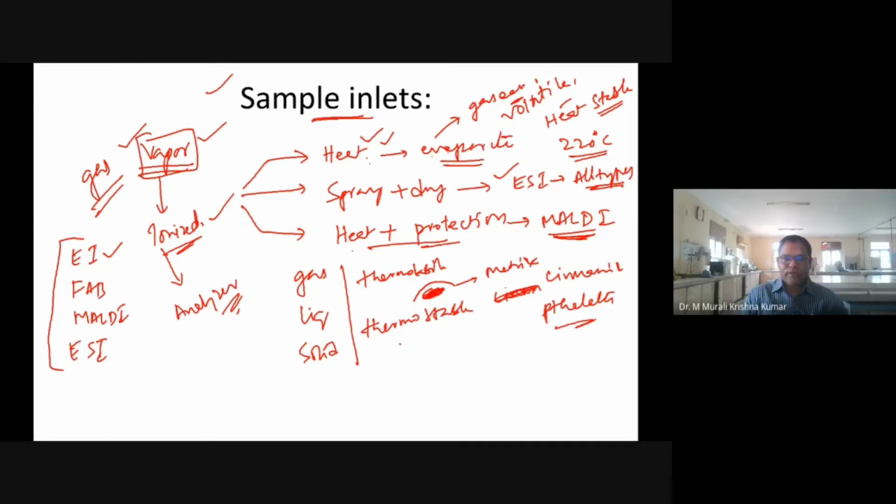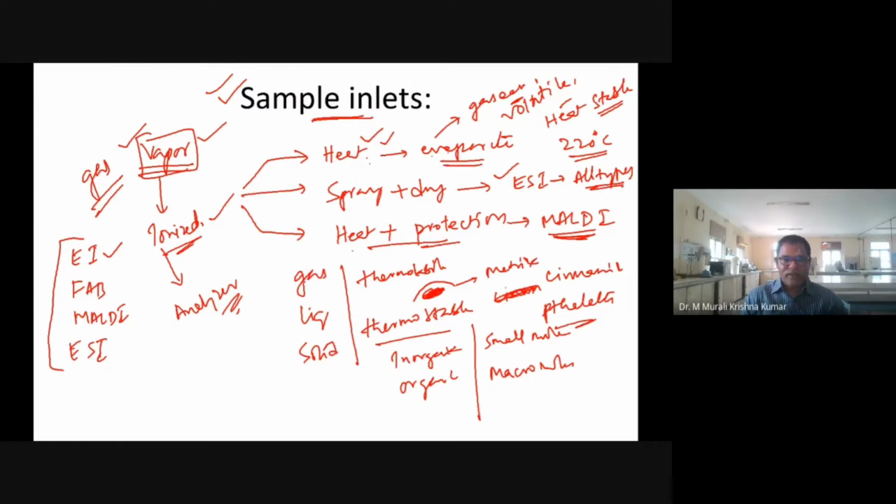We can analyze inorganic ions, organic compounds, small molecules, macromolecules. Now you can see the expanse of mass spectrometry. All types of samples, whatever are in existence, can be analyzed by using mass spectrometry, because we have customizable sample inlets for analyzing specific categories of compounds.